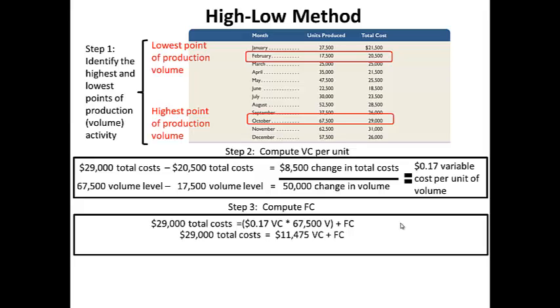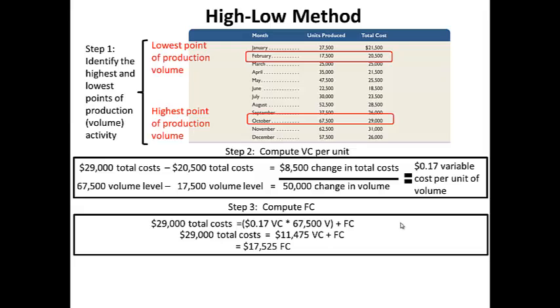So if we break this formula down a little bit further, it's now $29,000 total cost equal, at this volume of 67,500, equal variable cost of $11,475. And in effect, algebraically, the remainder are our fixed costs.